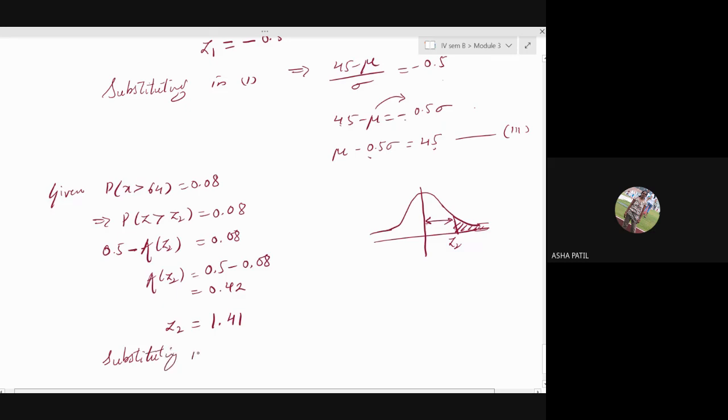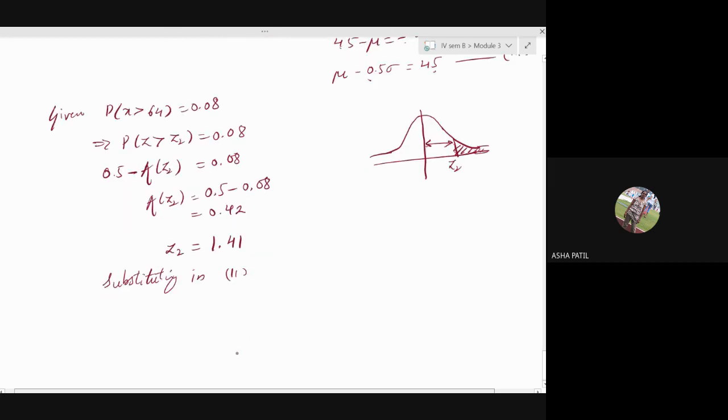Substituting in equation 2. What you have written there in equation 2 is (64 minus mu) divided by sigma is equal to z2. Instead of z2, we'll write the value 1.41. Again, simplify this to get an equation.